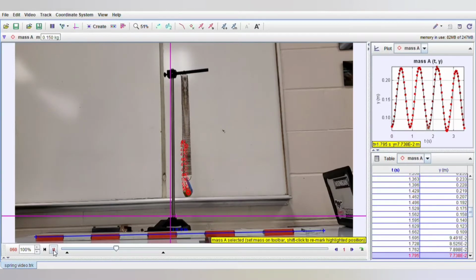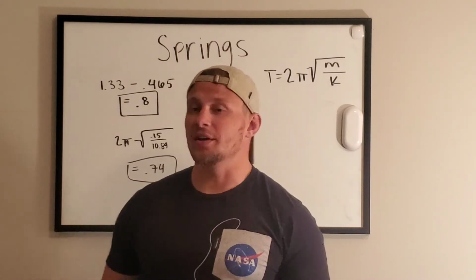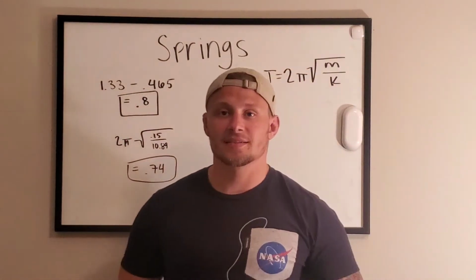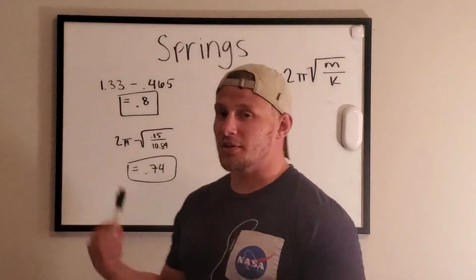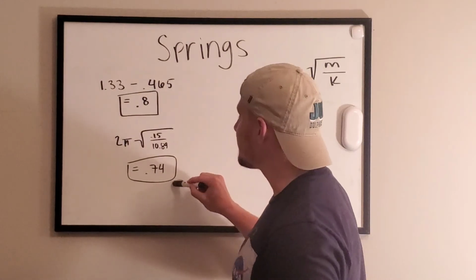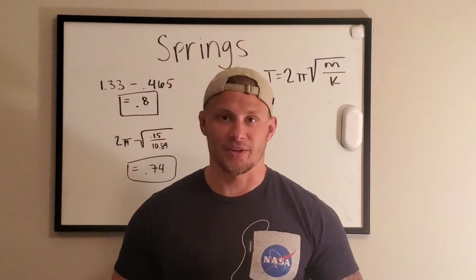We can take these times and find that time interval, and we'll see if that time interval matches what we can actually calculate. So in the video, one cycle of the spring was 0.8 seconds. Now what we calculated using this formula, if I plugged in all the numbers, it actually comes out to be 0.74 seconds. Now let's see what the computer model comes up with.